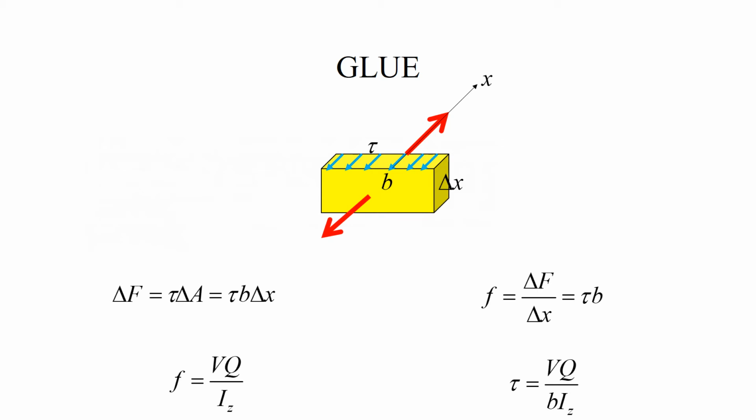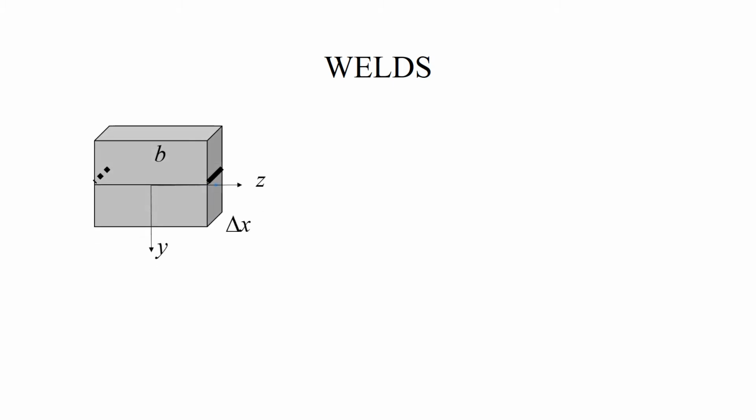Next becomes a little bit less expected. Let us consider two metal beams connected by two welds. The welds are shown here, and the other weld is this one. Since it's not visible, I show it with a dotted line.